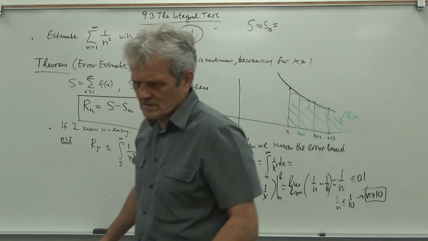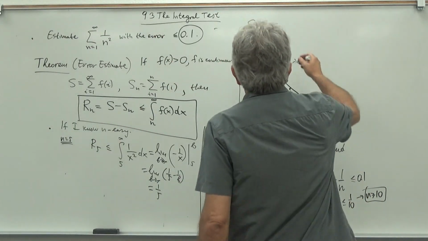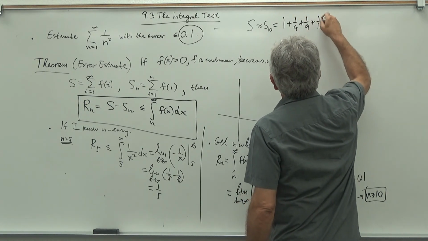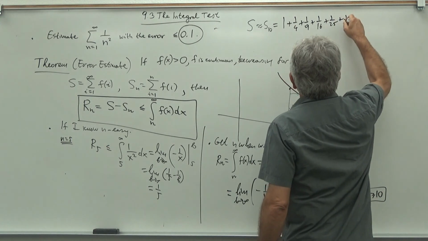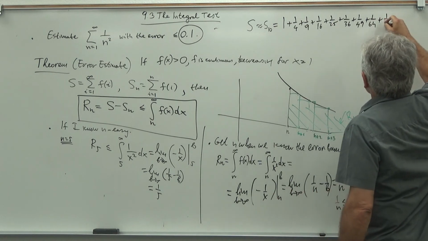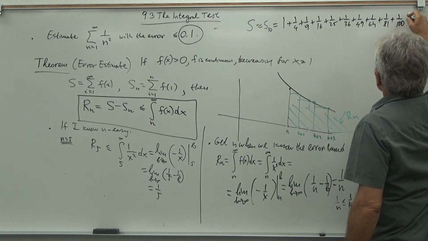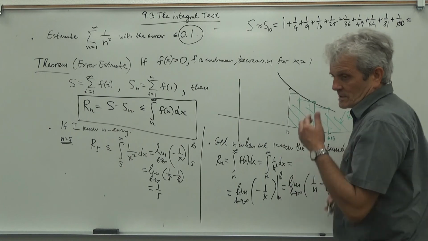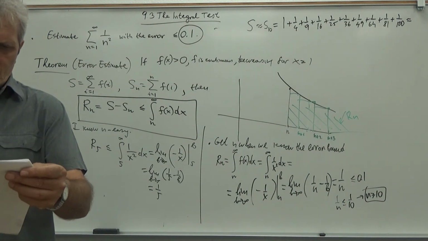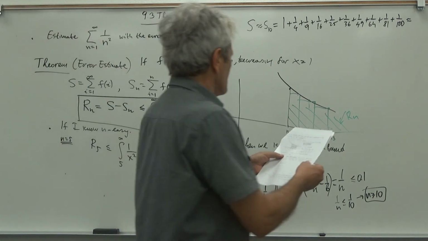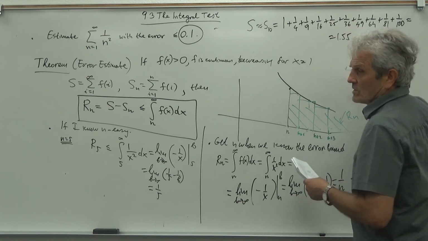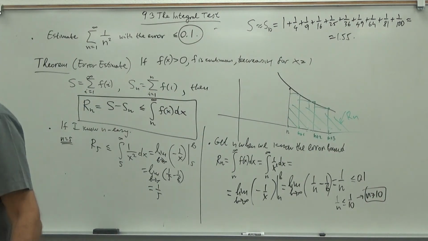And when I calculate S10, what would it be? 1 plus 1/4 plus 1/9 plus 1/16 and so on, up to plus 1 over 100, which is approximately, I hope I have it. Okay, I think it's something like 1.55. You check it for me.